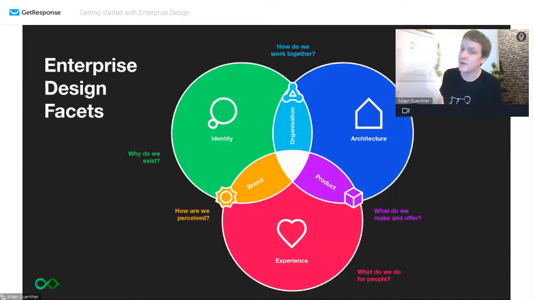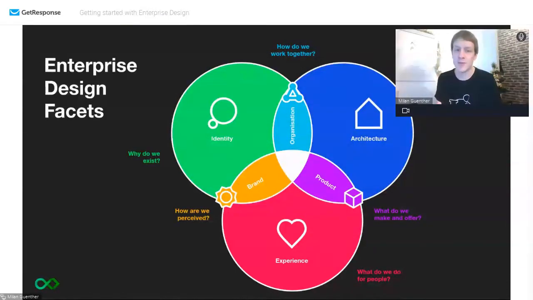So what do we make and offer? This also determines how the experiences that we are designing or trying to influence in people's lives also determine how our identity translates to a brand that appears in people's lives. And importantly, we always look at the same enterprise, just with different lenses.